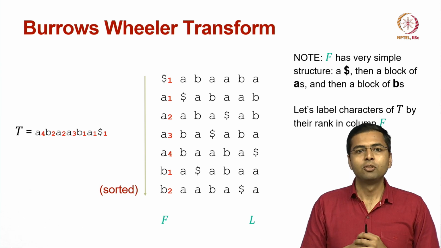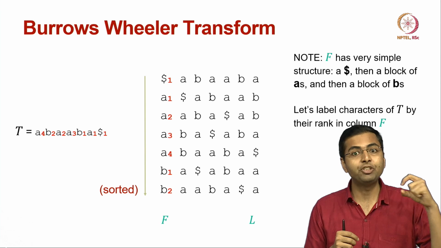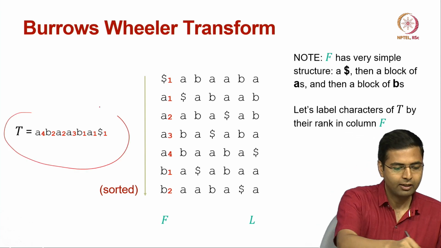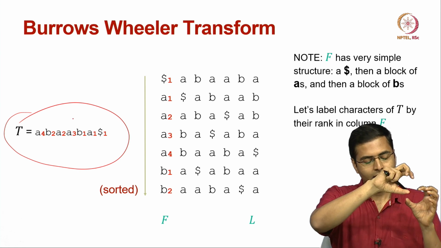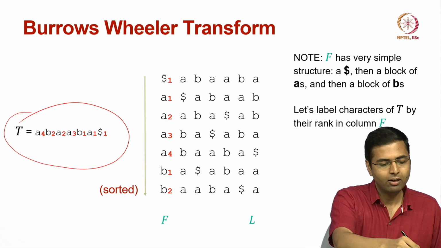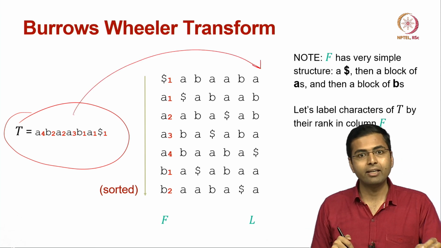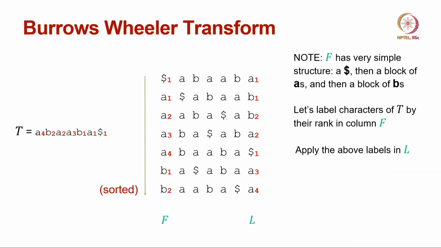Okay, now that we have assigned ranks or labels to each character in the text T, we can also give the same labeling to column L. Each character has an occurrence in column L, and based on that occurrence I get a label as well.